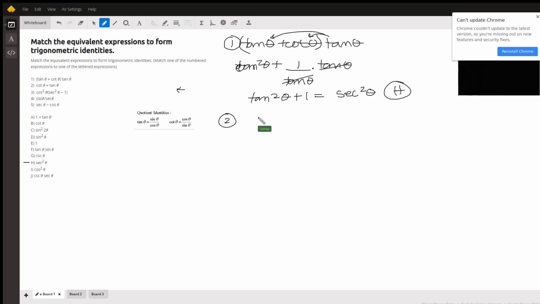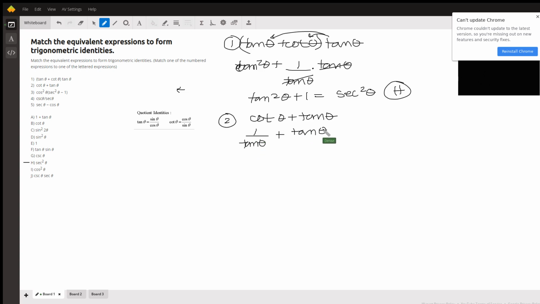Moving down the line here, we've got cotangent theta plus tangent theta. Again, I'm going to rewrite 1 over cotangent theta. 1 over cotangent theta is 1 over tangent theta. And what I've created here is a couple fractions that add together.